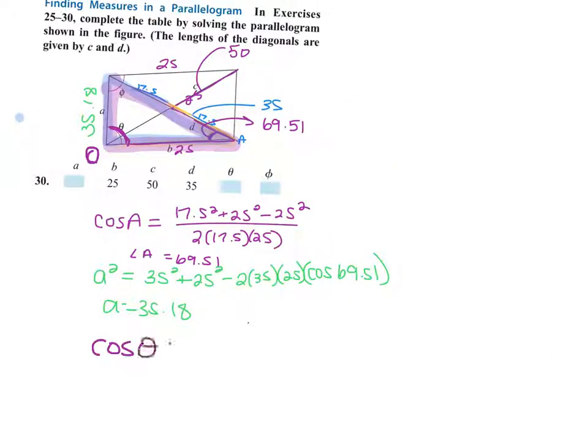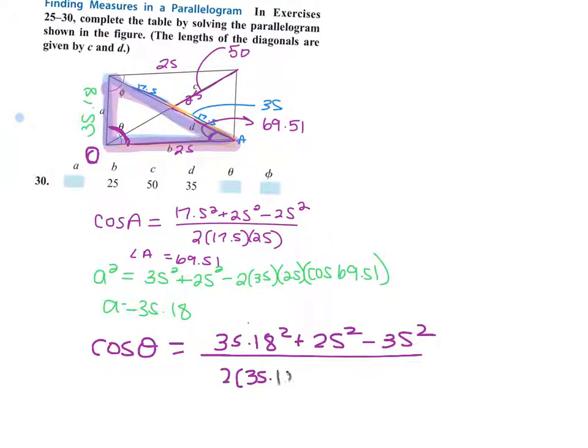Cosine of theta would be the two sides to the left and the right of it, which is 35.18 squared plus 25 squared minus 2 times 35.18 times 25. Wait, I'm doing the wrong formula. Just kidding. Hang on. Minus the one across from it, which is 35 squared, over 2 times 35.18 times 25.